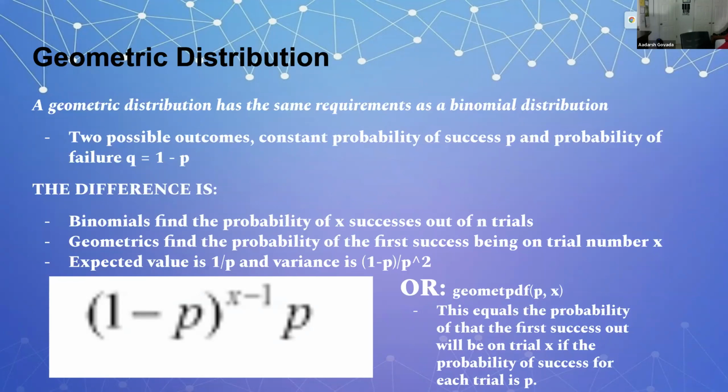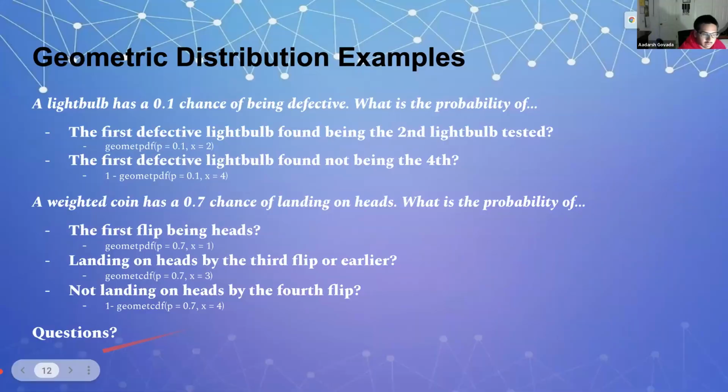So we would have 0.7 times 0.3 to the power of 4. Let me put this in the chat. That's how we would solve that without a calculator, but if you have one, it's much easier with a calculator.